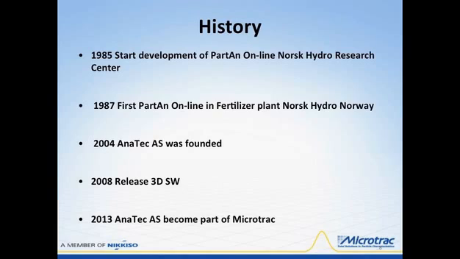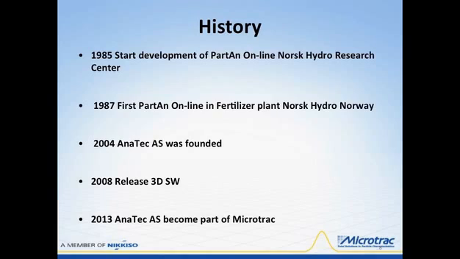Analytical was founded as a manufacturer and supplier of image analysis instruments in 2004. The 3D software was released in 2008, and Microtrac acquired Analytical technology in 2013, about 4 years after Microtrac and Analytical had established a marketing alliance. So Microtrac has 4 years experience selling this technology and is now developing and manufacturing it.